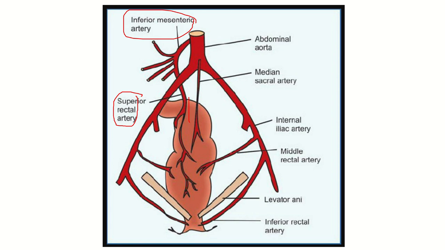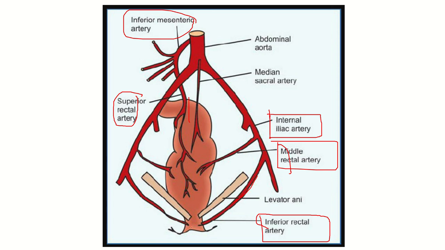Then this is the middle rectal artery, and it arises from the internal iliac artery. And finally, the inferior rectal artery arises from the pudendal artery, and this pudendal artery arises from the internal iliac artery.